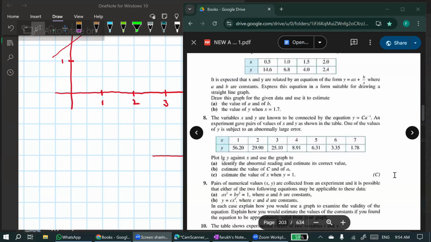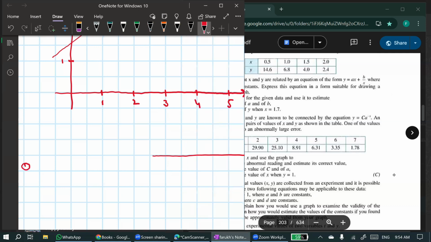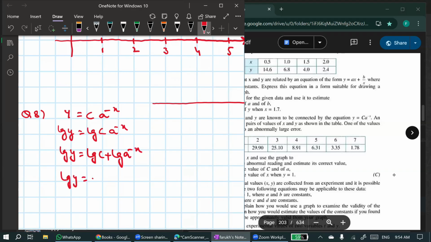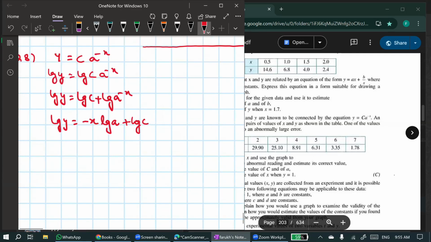The equation given is y is equal to c a power minus x. We want to make LGY the subject. We will apply LG on both sides. LGY is equal to minus x LGA plus LGC.